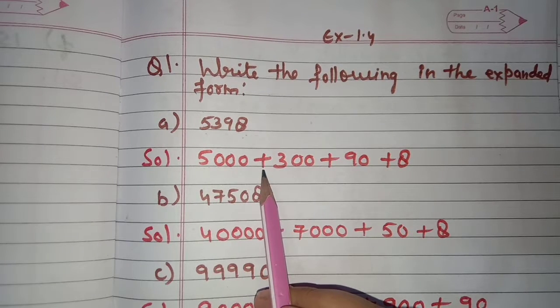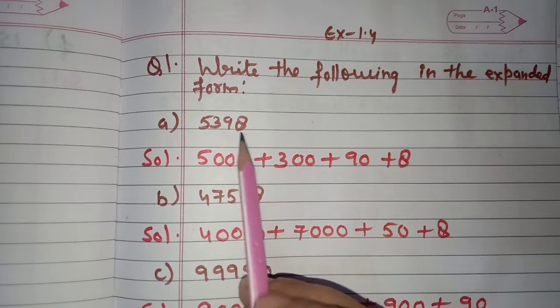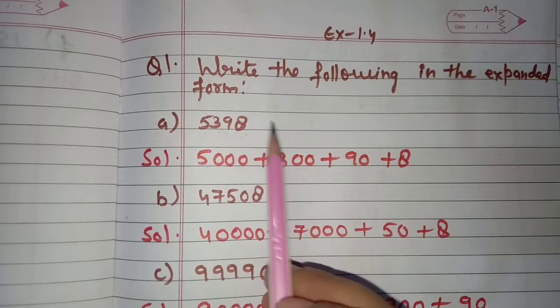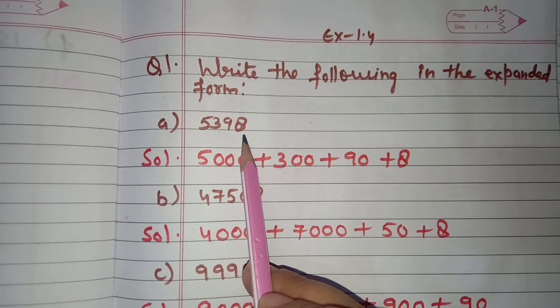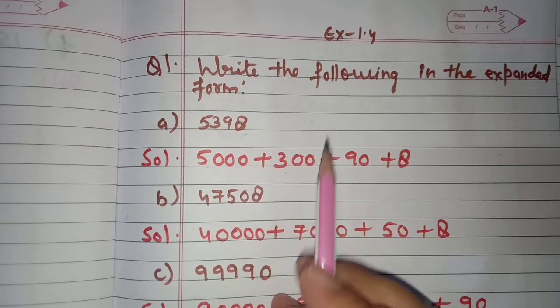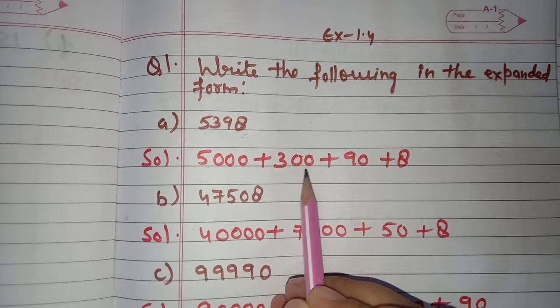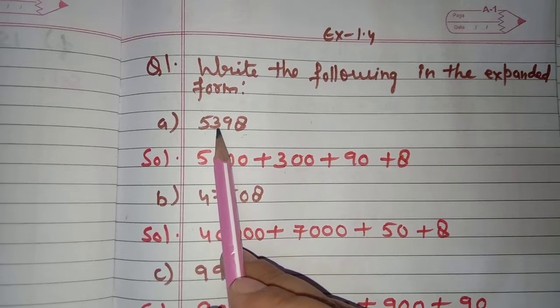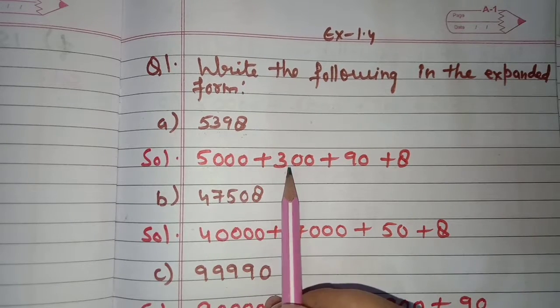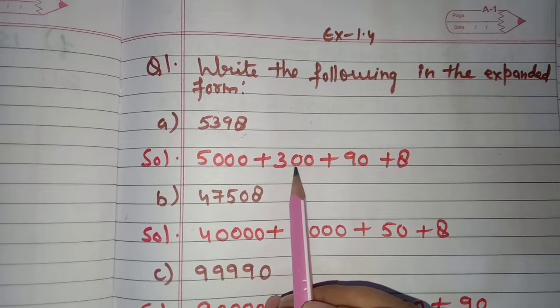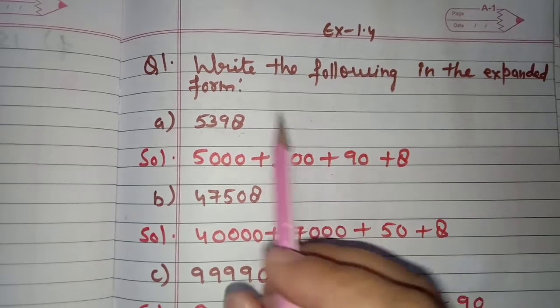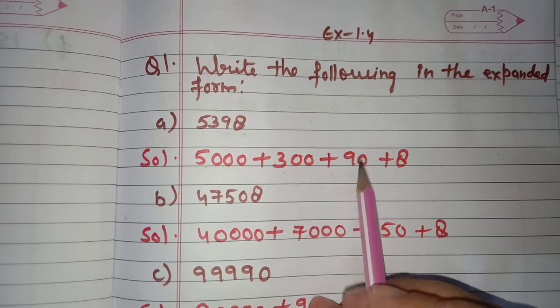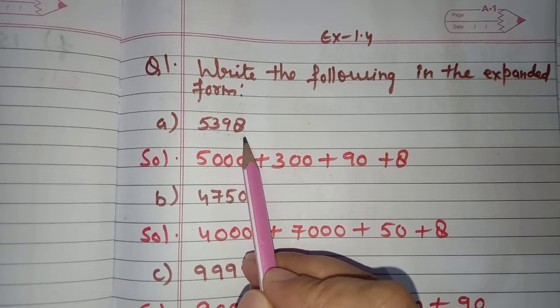Similarly, use the sign of plus, then write the next digit, that is 3, and see how many digits are next to it on the right side, 2. So we need to put 2 zeros on its right side, and here 3 is at hundreds place, so we can say that we have to write 300. Plus, write the next digit, that is 9, and see how many digits are next to its right side, 1.